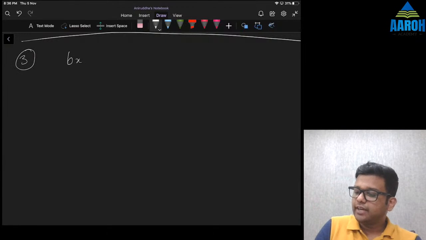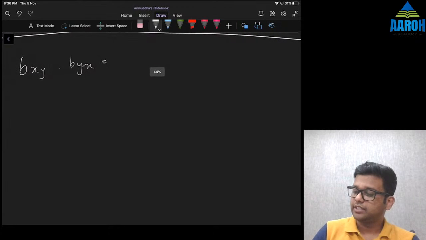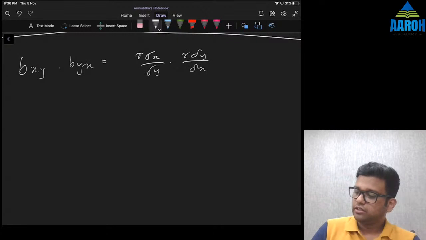Now, third property is that bxy into byx gives us r sigma x upon sigma y into r sigma y upon sigma x. So if we cancel this, r square.